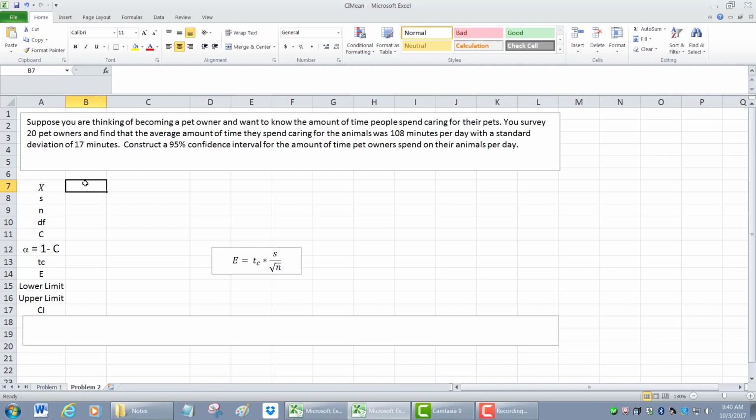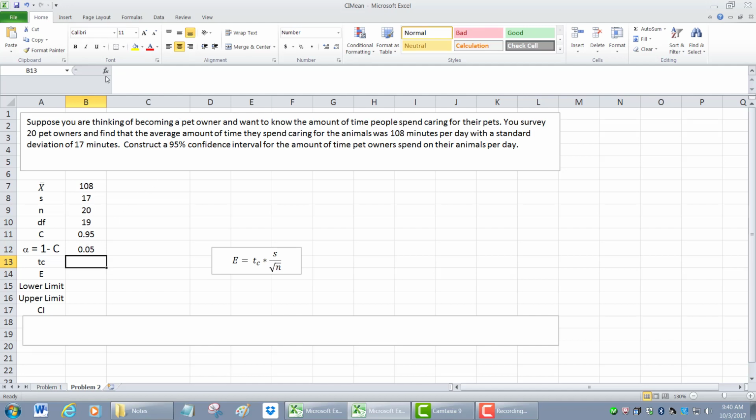Alright, so the mean was 108 minutes, the standard deviation was 17 minutes, sample size was 20, that makes the degree of freedom 20 minus 1 or 19. The confidence level was 95% or 0.95, alpha is 1 minus c, so that's equal to 1 minus 0.95 or 0.05.